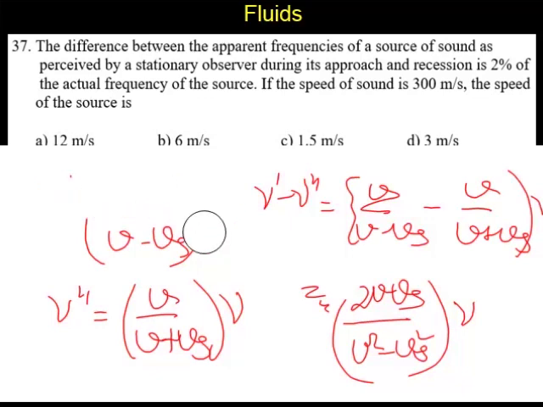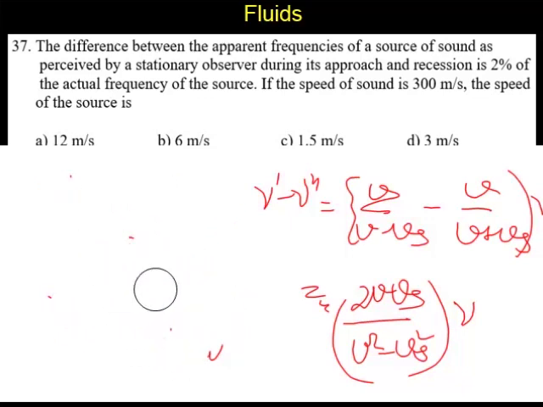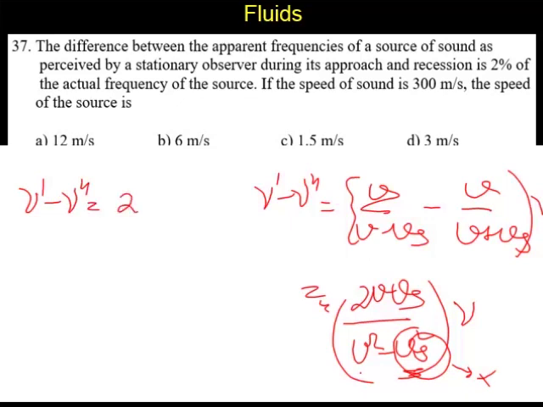Now, since the velocity of the source is very small when compared to V, neglecting Vs square, dropping it here, we can say nu dash minus nu double dash, the difference in frequency, is going to be 2V Vs by V square into nu.